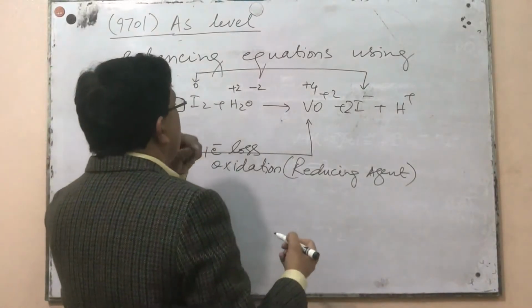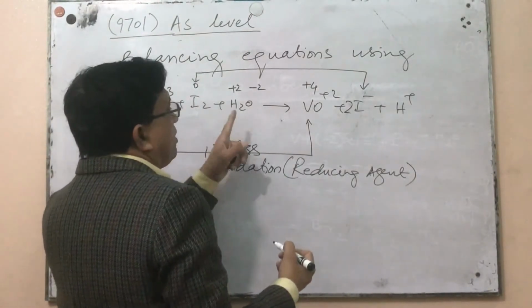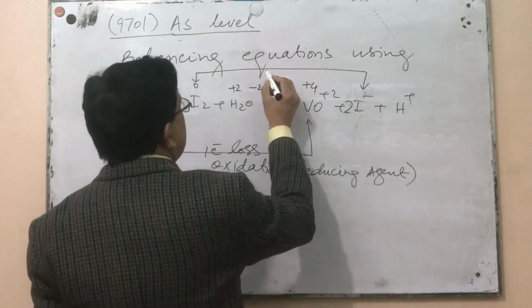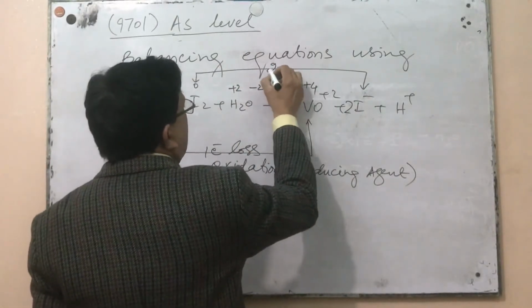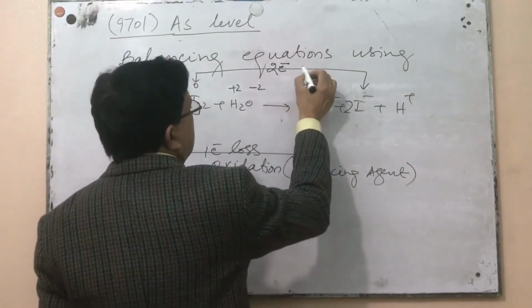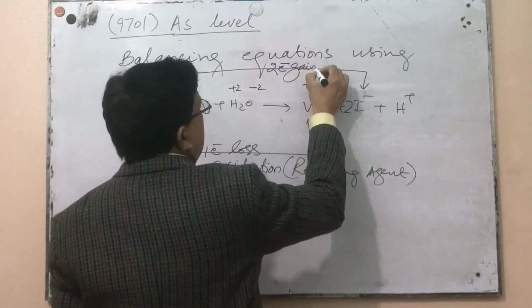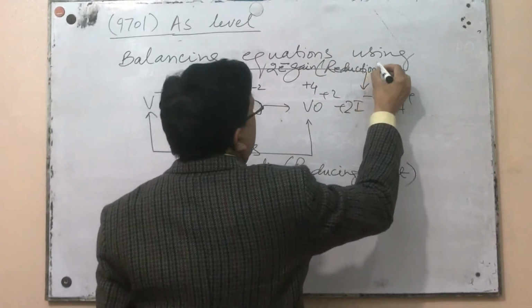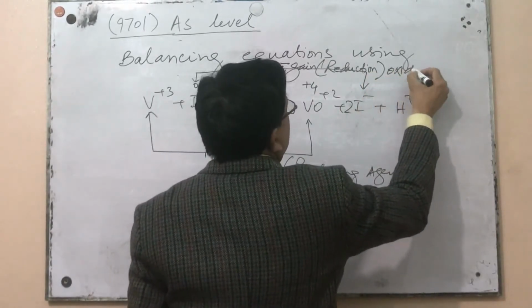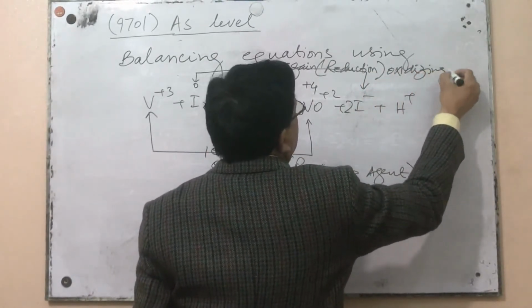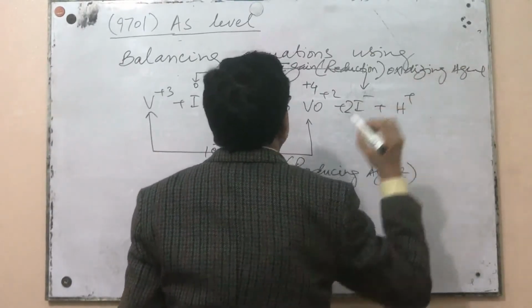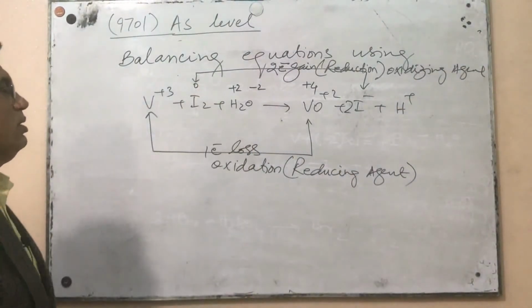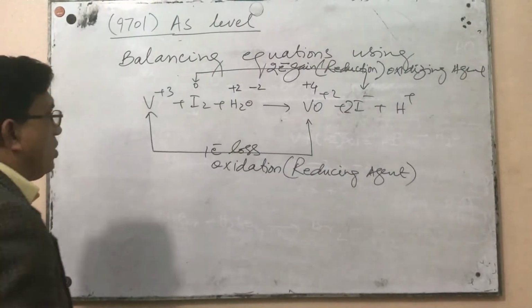Here, each iodine atom gains 1 electron. It means that 2 electrons are gained. That means reduction, meaning oxidizing agent.